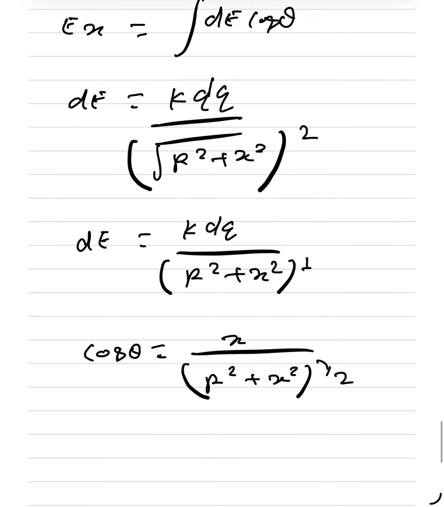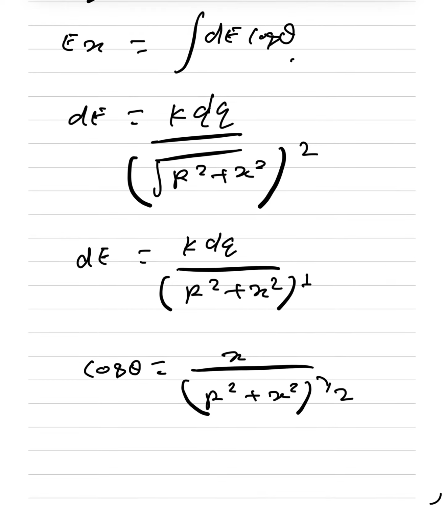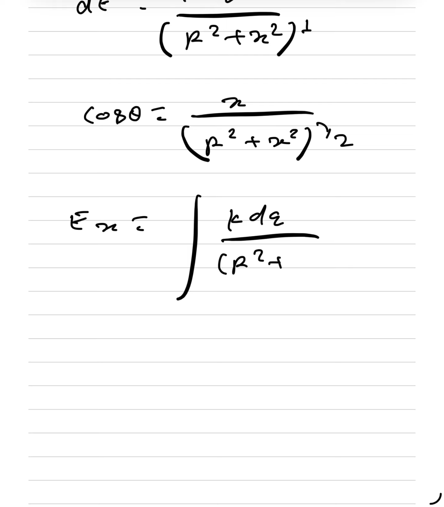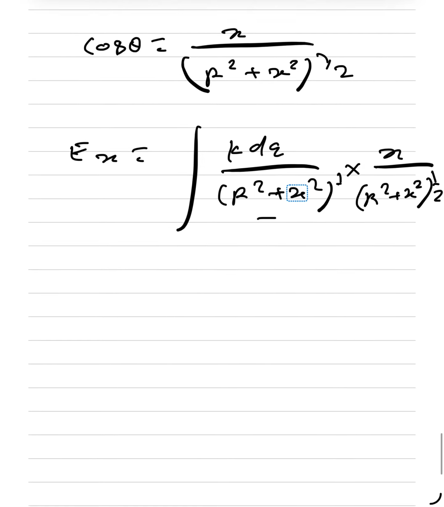Both values are put here in the integration formula, so electric field Ex equals the integration of k times dq divided by r square plus x square to the power 1, multiplied by the value of cos theta, x divided by r square plus x square to the power 1 by 2, and here the bases are the same, so the powers add to each other.